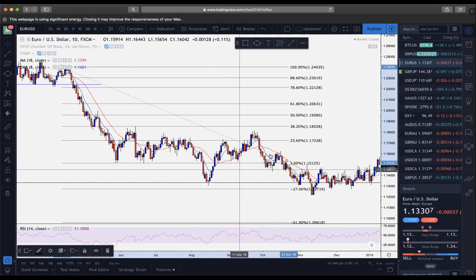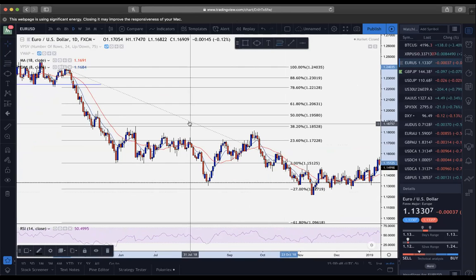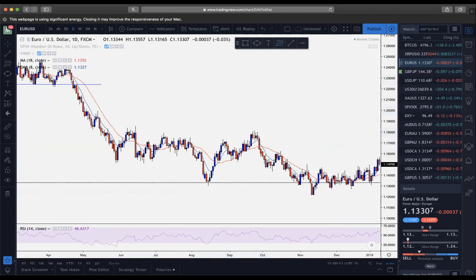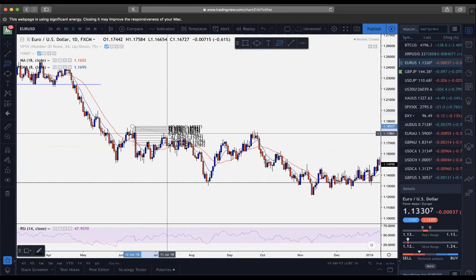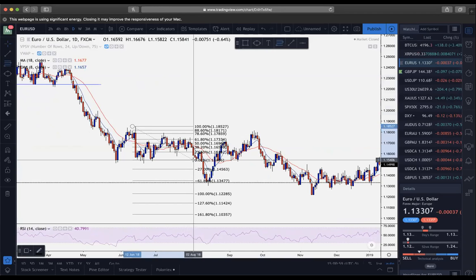So now you can do your fib again from here, from your 38.2 point down.